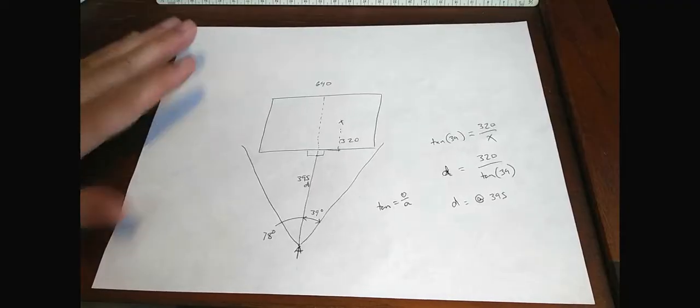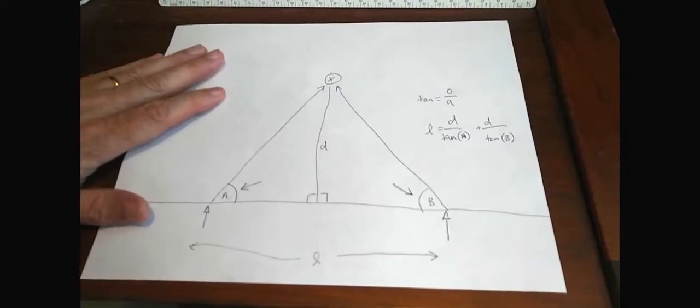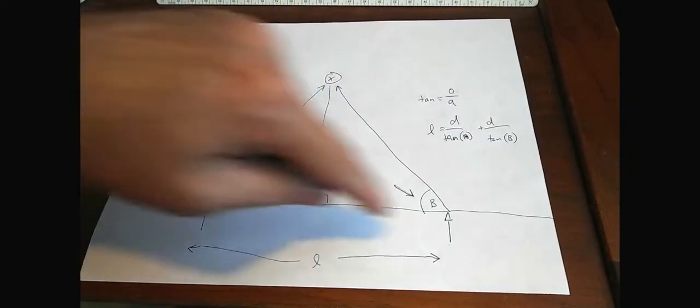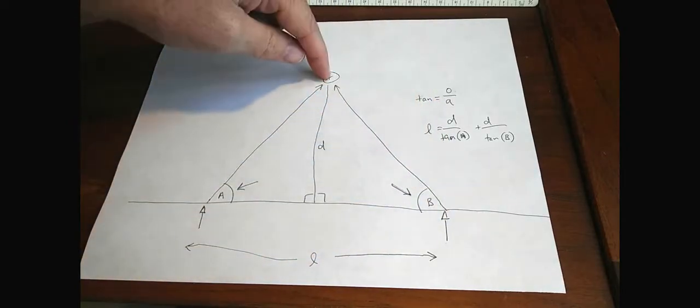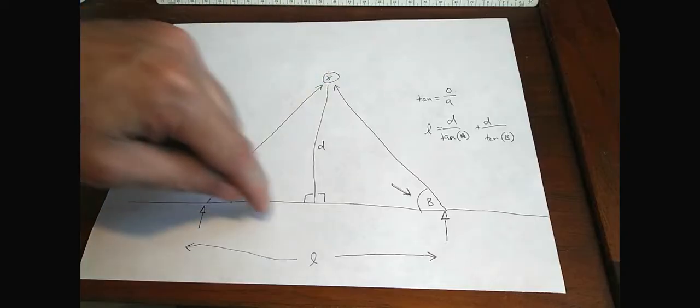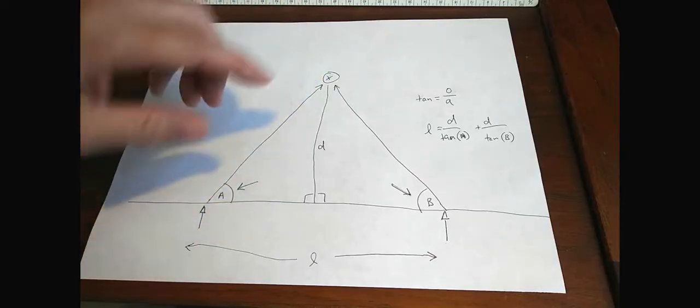Overall, we're using triangulation from 2 points, our cameras. We're finding points out in space so that we know exactly where they are in 3 dimensions.